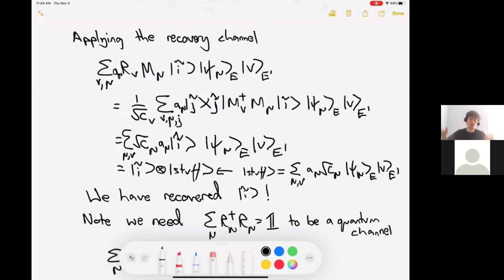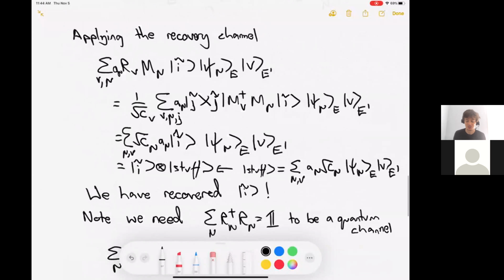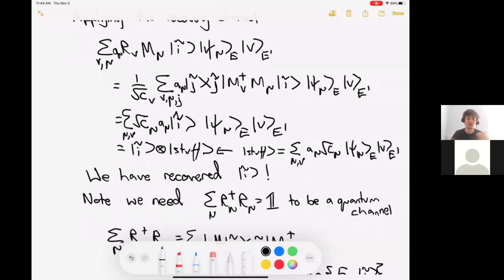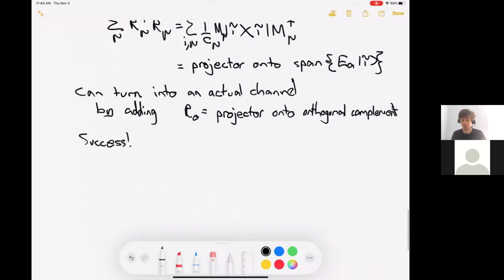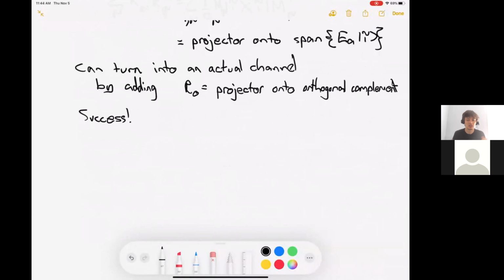Okay, some complicated, messy state, but we've extracted all the complicated messiness out of the system and into the environment. Any other questions about how that proof works?